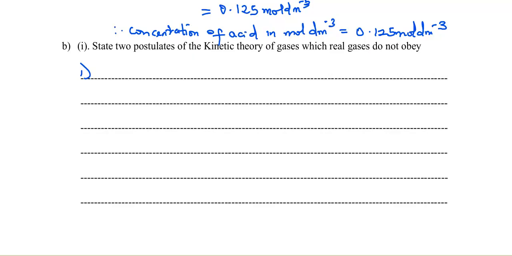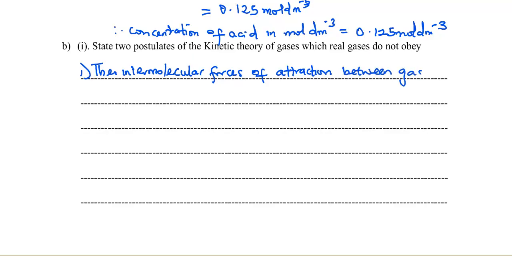The first postulate of the kinetic theory of gases obeyed by ideal gas but not obeyed by real gases is that the intermolecular forces of attraction between gas molecules is negligible.